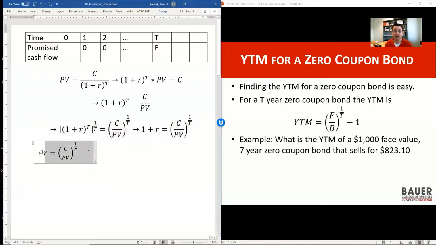Okay, and that's it. That's how you solve for R in our day one present value formula.